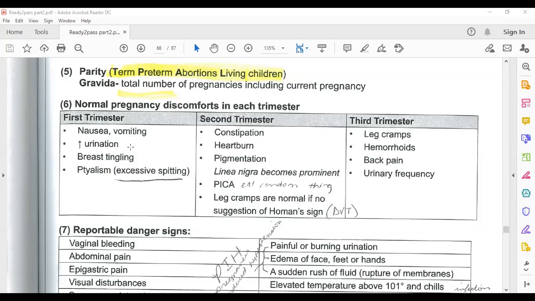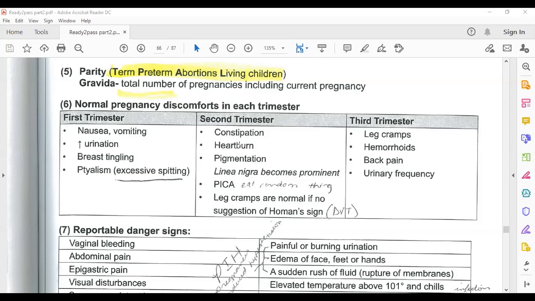So in the second trimester, constipation develops. If mother develops constipation, it is good to tell them to increase fluid and fiber content food. Heartburn is also a discomfort in the second trimester.